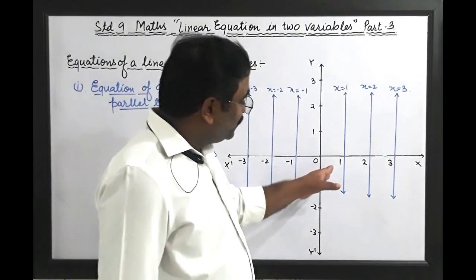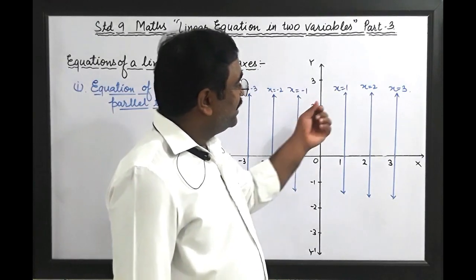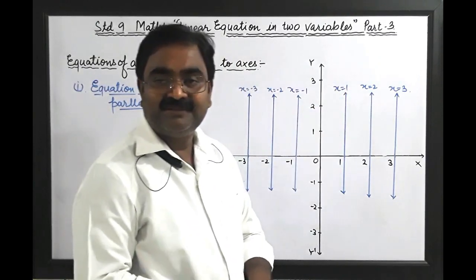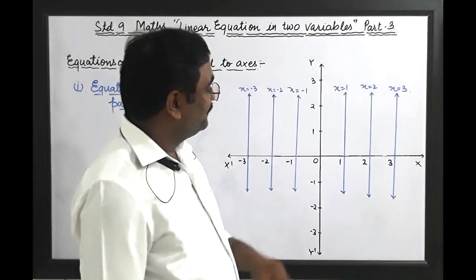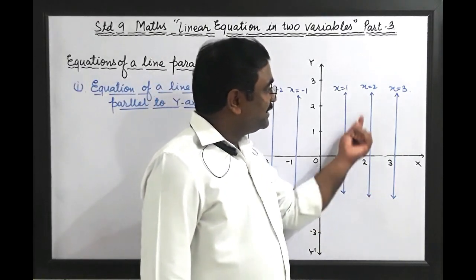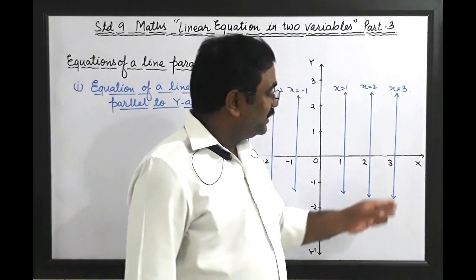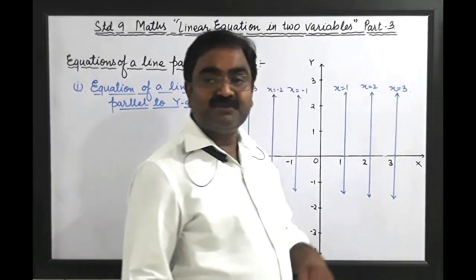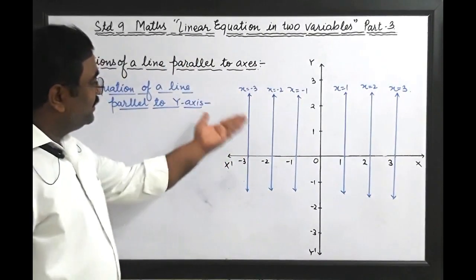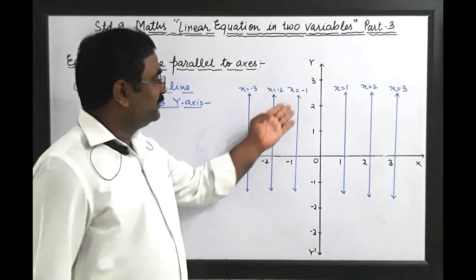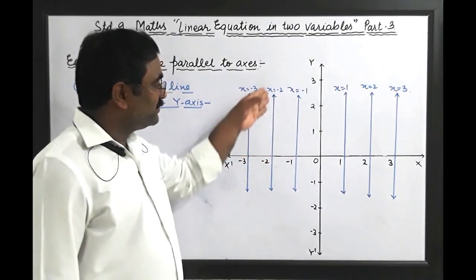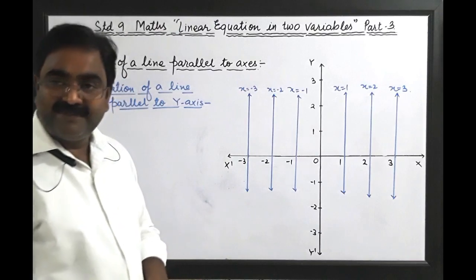So the equation of this line is x is equals to 1. Equation of this line is x is equals to 2. Equation of this line is x is equals to 3. Similarly, if you come to the left side, you will get x is equals to minus 1, x is equals to minus 2, x is equals to minus 3.